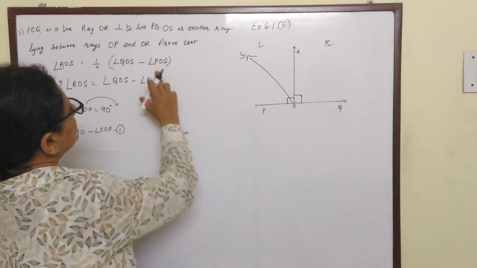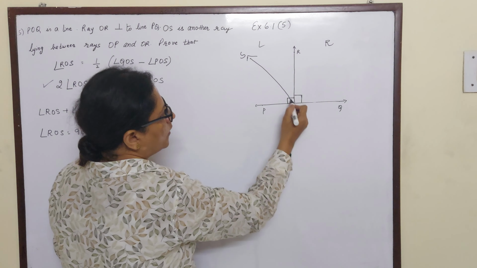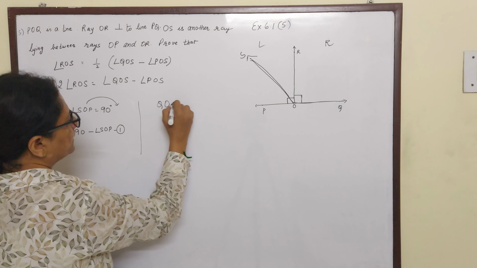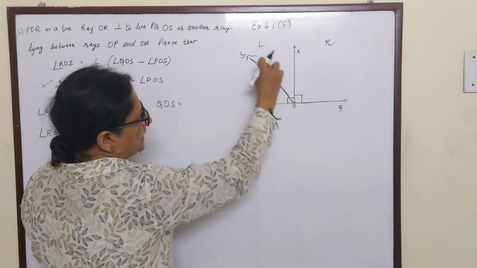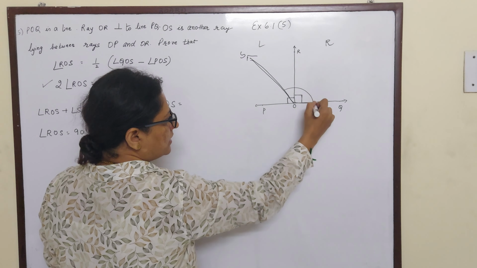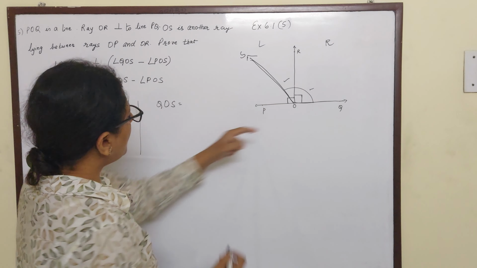Now we will concentrate on QOS. How will you get QOS, children? QOS is equal to ROS plus ROP, or you can say SOR and ROQ, it is same. So this full comprises of this angle plus this angle. What is that?